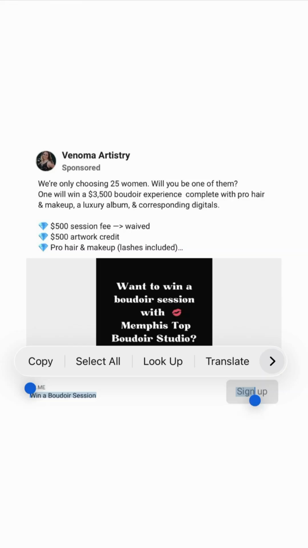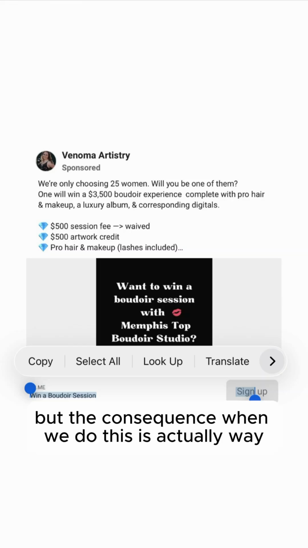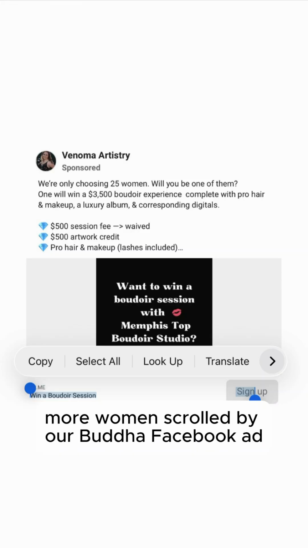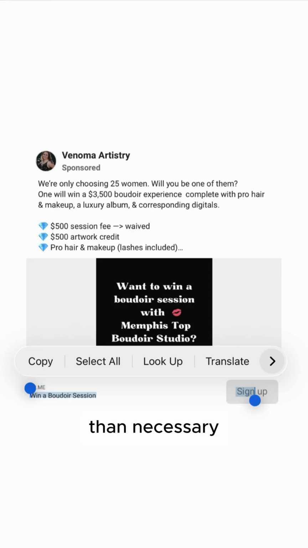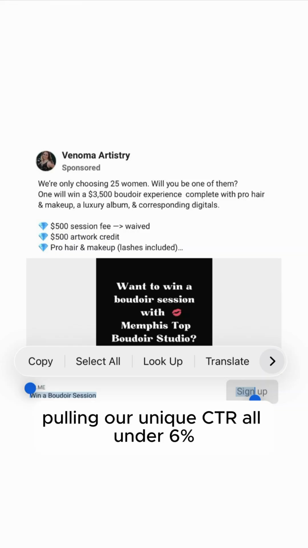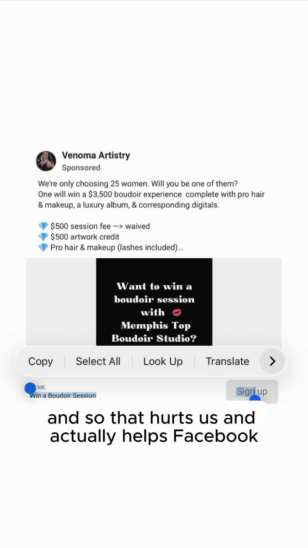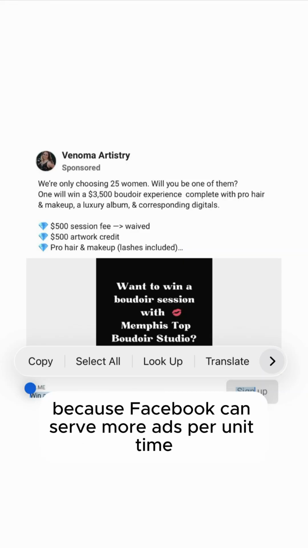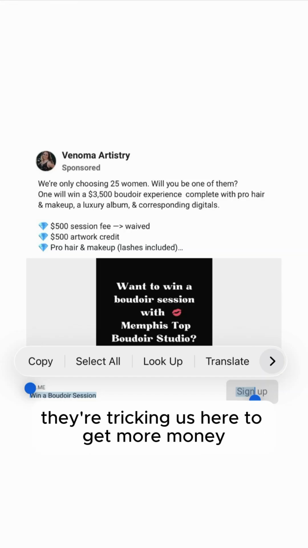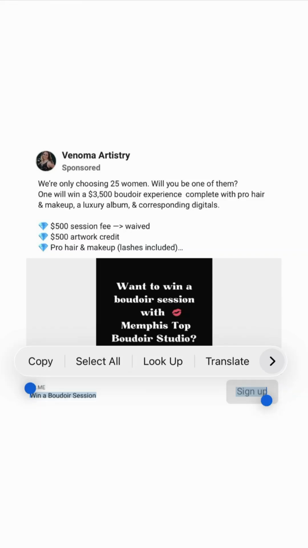But the consequence is actually way more women scroll by our Boudoir Facebook ad than necessary, pulling our unique CTRL under 6%, contributing to BLCS, Boudoir low click syndrome. And that hurts us, and it actually helps Facebook because Facebook can serve more ads per unit time. So Facebook's hustling us, they're tricking us here to get more money.